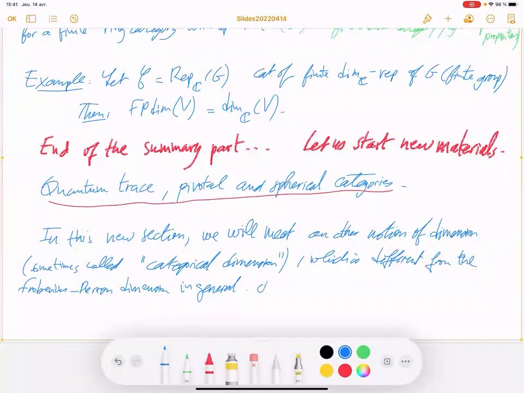But if these two dimensions are the same, so if the categorical dimension is equal to the Frobenius-Perron dimension, then the category is called pseudo-unitary.